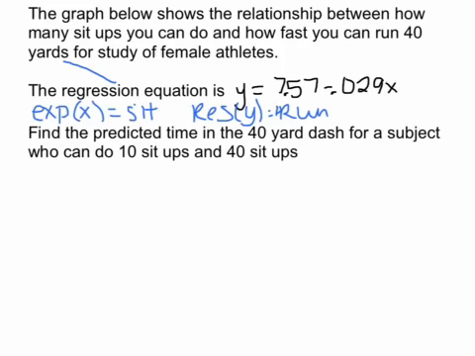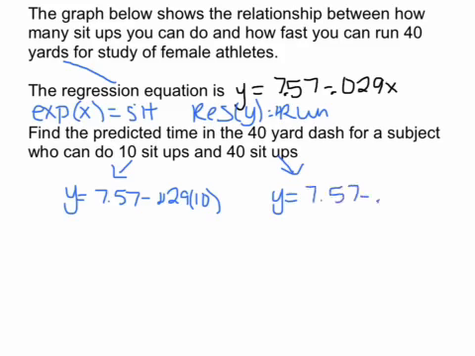So basically what they're saying is how many sit-ups you can do will determine how fast you can run. So the first piece, find the predicted time in the 40-yard dash for a subject who can do 10 sit-ups. All I'm going to do is take that equation, plug in 10 for the sit-ups, and then take the same equation, but change it for 40 sit-ups.